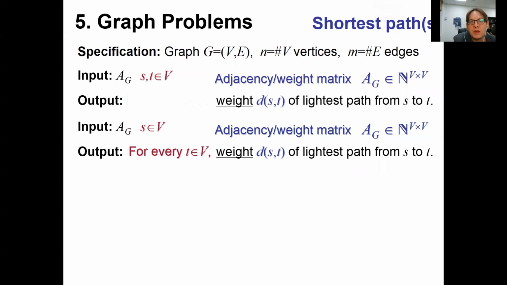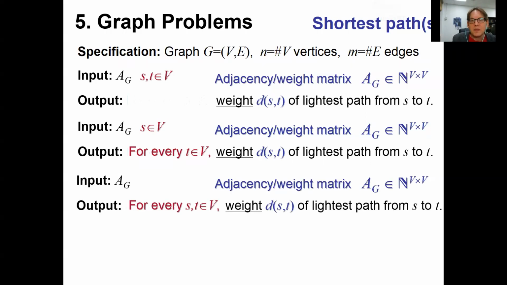That's, of course, one way of solving the second problem: repeating an algorithm for the first problem for every possible choice of T. But that multiplies the cost of the original algorithm by a factor of n, while there actually is a more efficient way that solves the second problem without multiplying the cost by this additional factor of n.